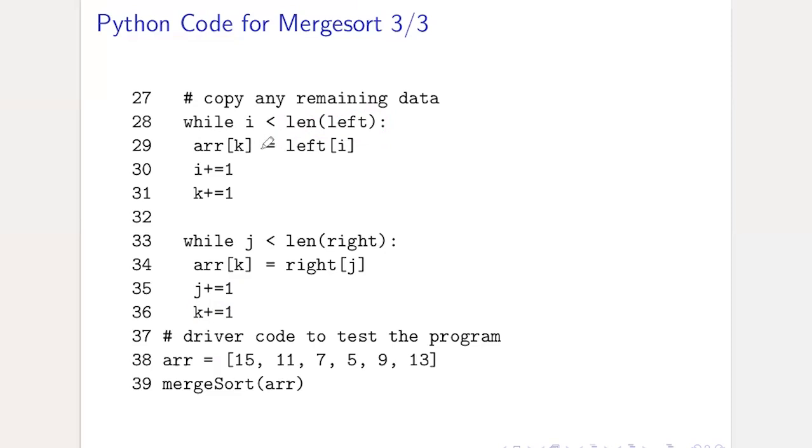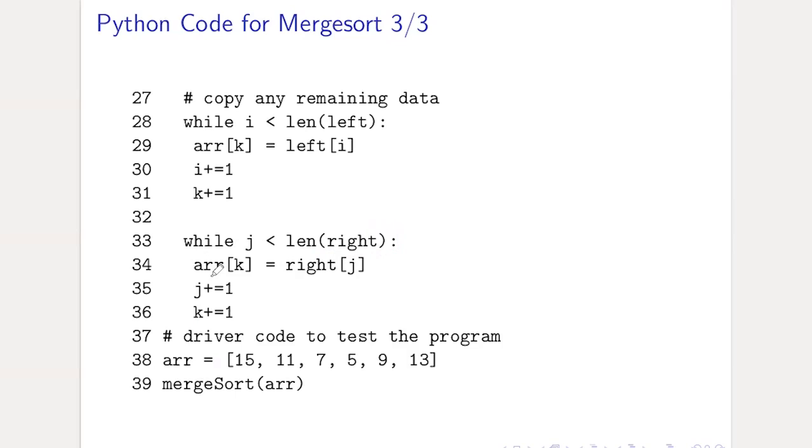If that is the case, you just copy whatever is in the left hand side to the remaining positions in the array. Or if it is the other way around, and on the right hand side you still have some elements remaining, then you just copy the remaining values on the right hand side to the original array.